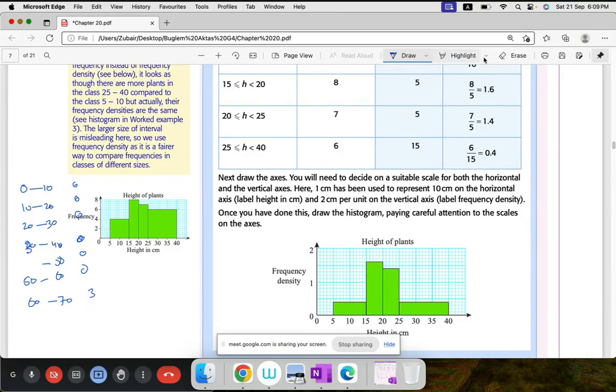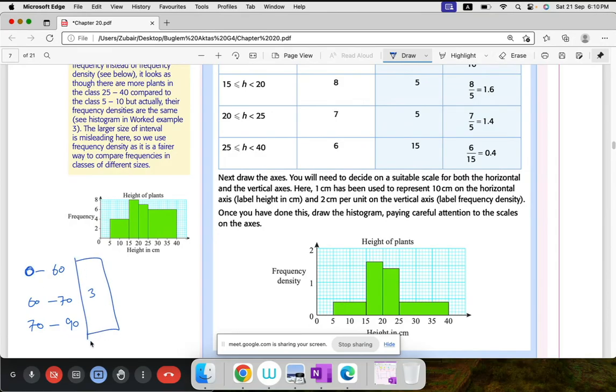So maybe you would like to make one of the classes 0 to 60 and the other 60 to 70, then 70 to 80, or maybe 90. So you see, we're getting unequal classes. So the class width actually has nothing to do with the originally collected data.